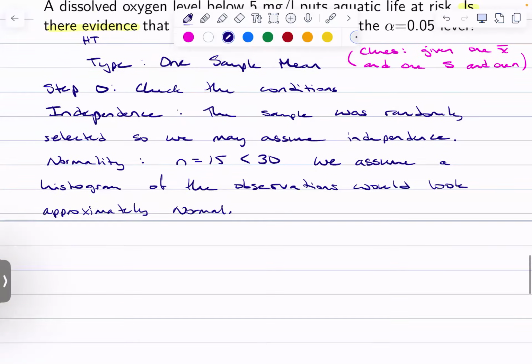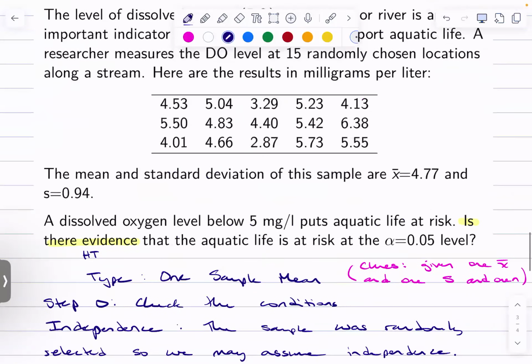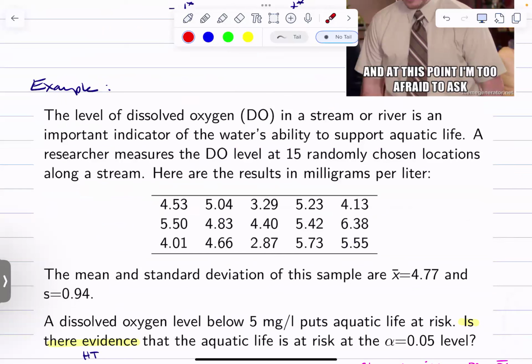Another way you could argue it is, is there any reason to think that different parts of the stream would generate a skewed distribution of dissolved oxygen levels? Or are they relatively even throughout the entire stream? I don't know what the case would be, but I assume that it would be relatively well mixed throughout the stream.